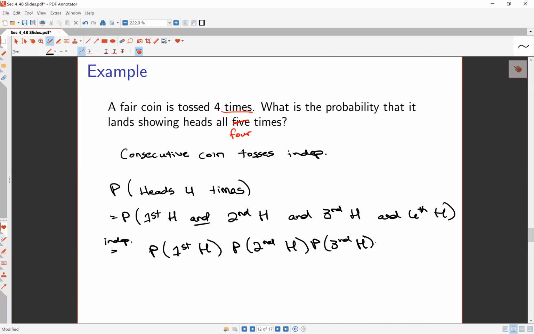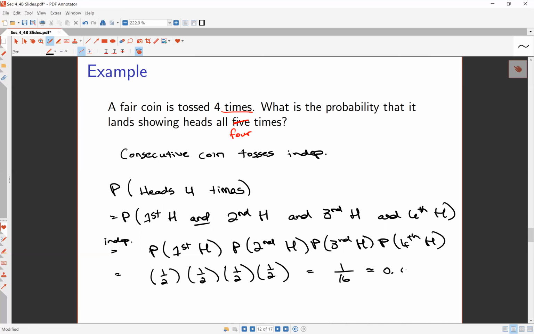And if I have a fair coin, on any coin toss, what is the probability of seeing heads? It'll be 1/2. So this is 1/2 times 1/2 times 1/2 times 1/2, which is 1 in 16, which I can write as a decimal to 4 places, 0.0625.